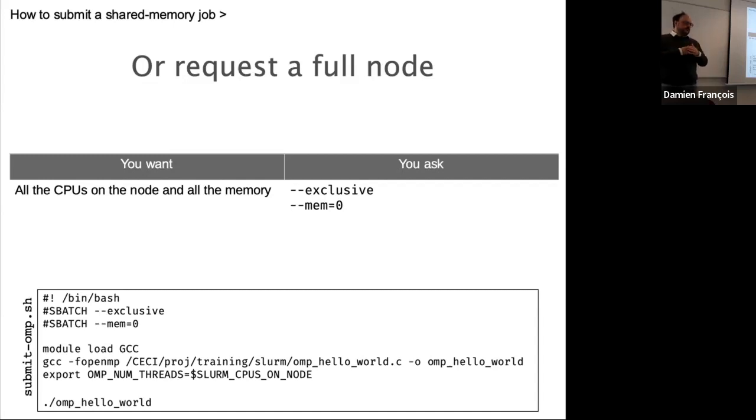Sometimes you want to be all on the same node so that you don't lose the network too much, but you put a higher strain on the memory. But sometimes you want to spread across the network. If you want to put a lower strain on the disk, for instance, if you do a lot of I/O to a disk, you would want to write from multiple nodes rather than all the processes from the same node on the same disk, if you see what I mean.